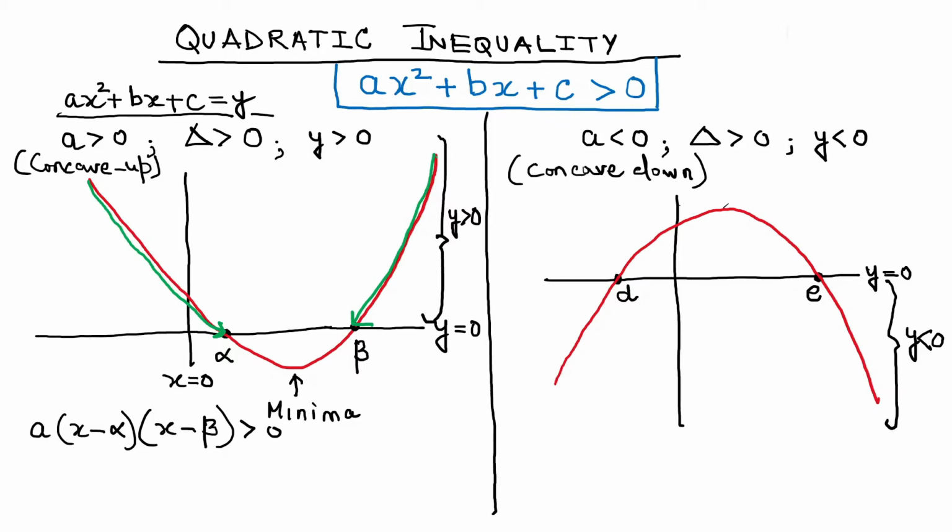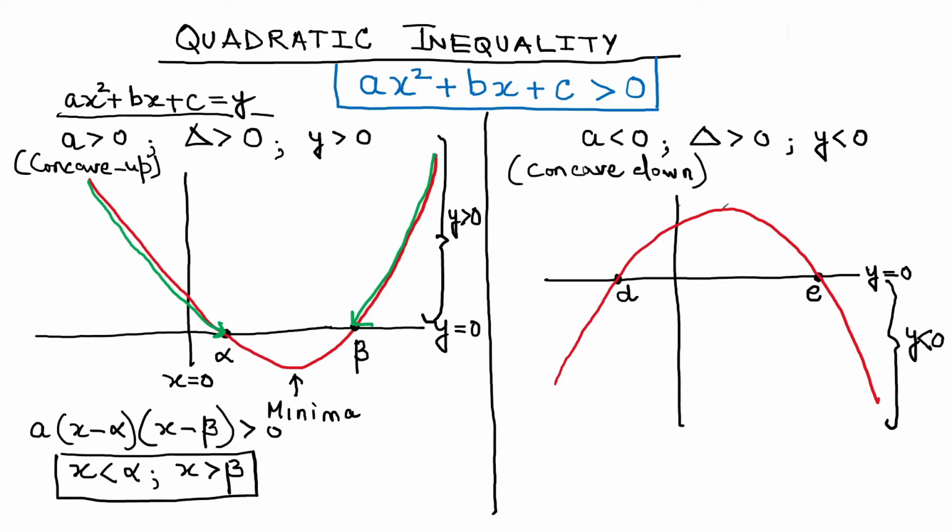And then from here, since we know that in a quadratic expression a is not equal to 0, let us just see the inequality part which we have underlined with the help of a green color. So can we say here the answer is x is less than alpha or x is greater than beta? This is the answer that we get.